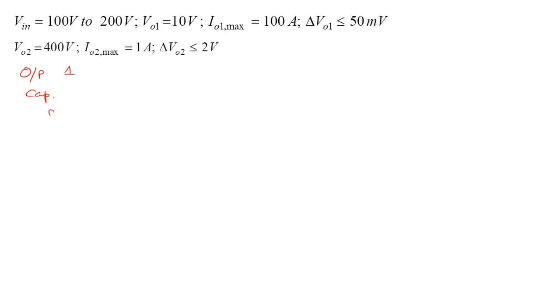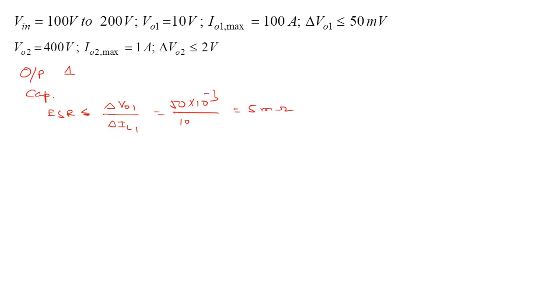The ESR limit is less than or equal to the delta VO1 allowed divided by the delta IL1 that we chose. So delta VO1 is 50 millivolts divided by the delta IL1 we allowed, 10 amperes.